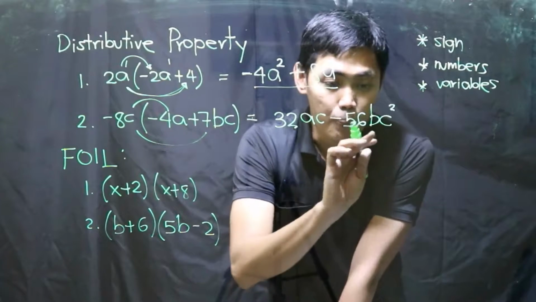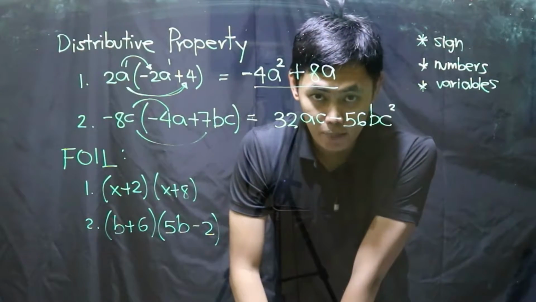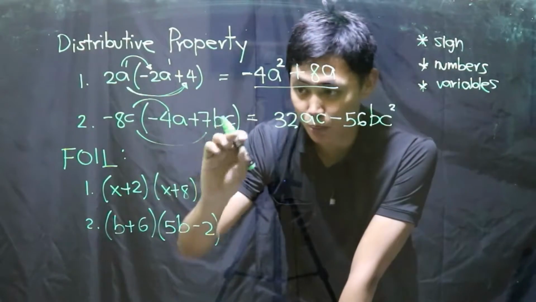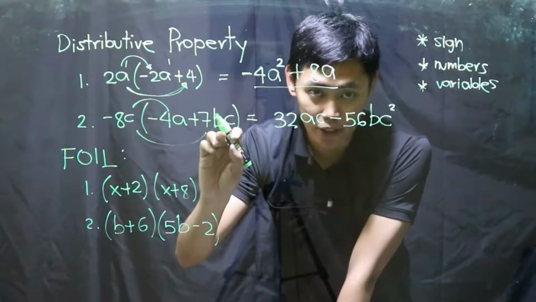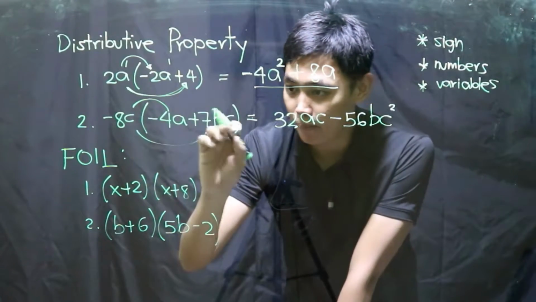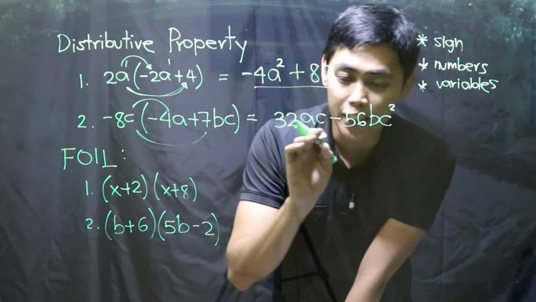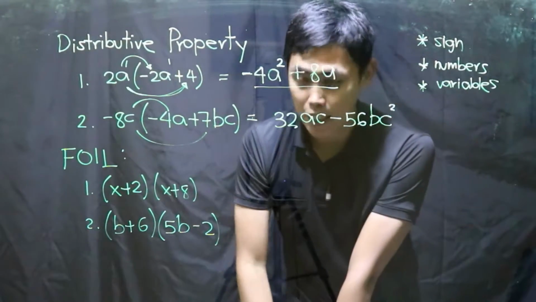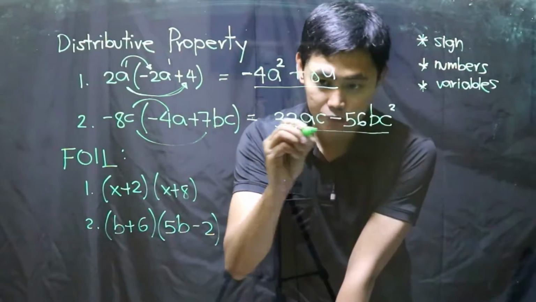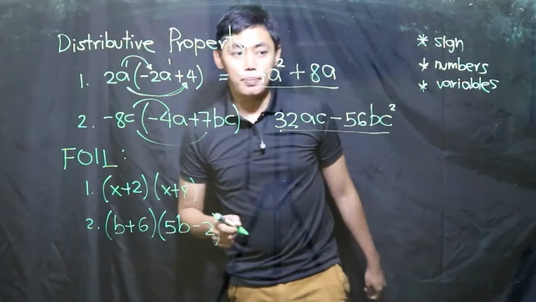B will stay as is since there are no other B's that would multiply this one. So we just need to multiply the C. Our answer is 32AC minus 56BC. So this is our answer. That's it for the distributive property.